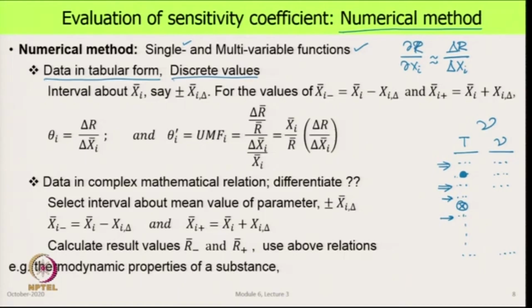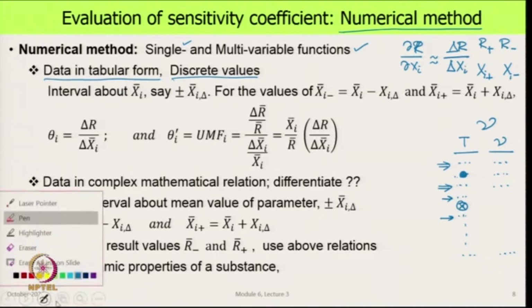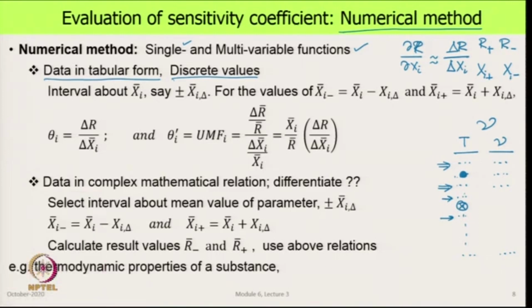And what one does is that r would be an upper value which comes from the reading, which we will denote as r plus, and the lower value will be r minus. Similarly, we differentiate this and call it xi plus and xi minus. So, in this case we say I will work with this value and this value.